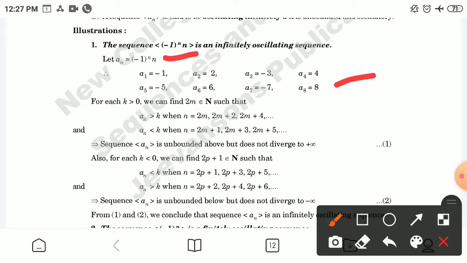For each k greater than 0, we can find 2m belongs to N such that an is greater than k when n is equal to 2m, 2m plus 2, 2m plus 4, and so on. And an is less than k when n is 2m plus 1, 2m plus 3, 2m plus 5. Sequence an is unbounded above but does not diverge to plus infinity, marking this as number 1.